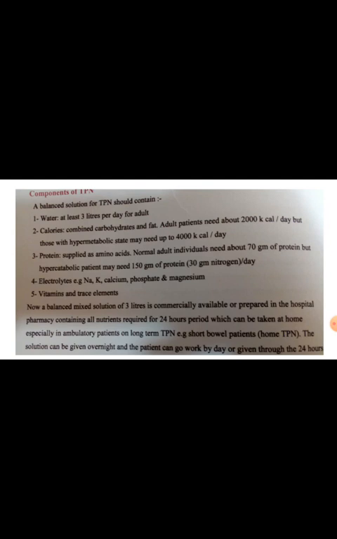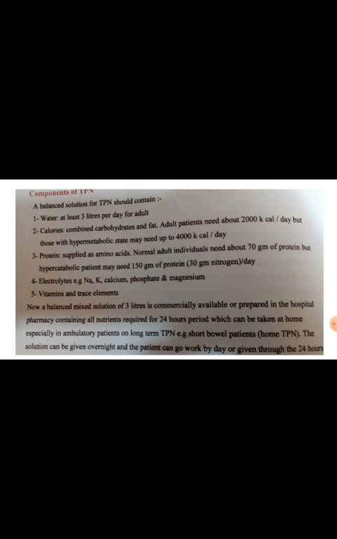What are the components of the TPN? The main components are carbohydrates, proteins, lipids, and additive materials. A balanced TPN solution contains water, at least 3 liters, and has calories from fat and carbohydrates. An adult patient needs 2000 kilocalories per day, but in hypercatabolic states this may double to 4000 kilocalories per day.